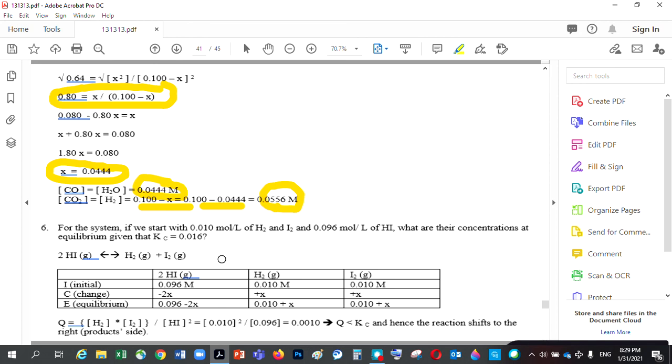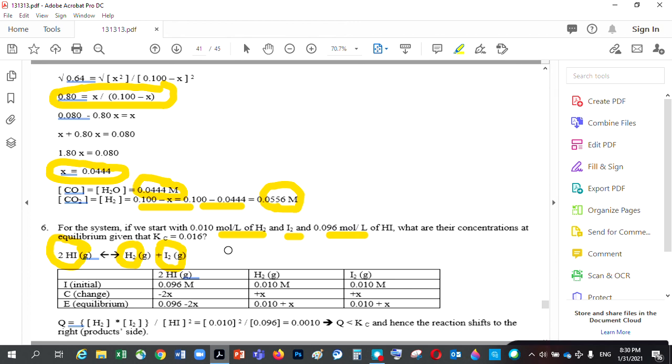So now let's look at example number 6. For the system, we start with 0.10 mole of hydrogen and iodine, and 0.96 mole of HI. So HI is our reactant, and hydrogen and iodine, all of them gases, correct, are our products.